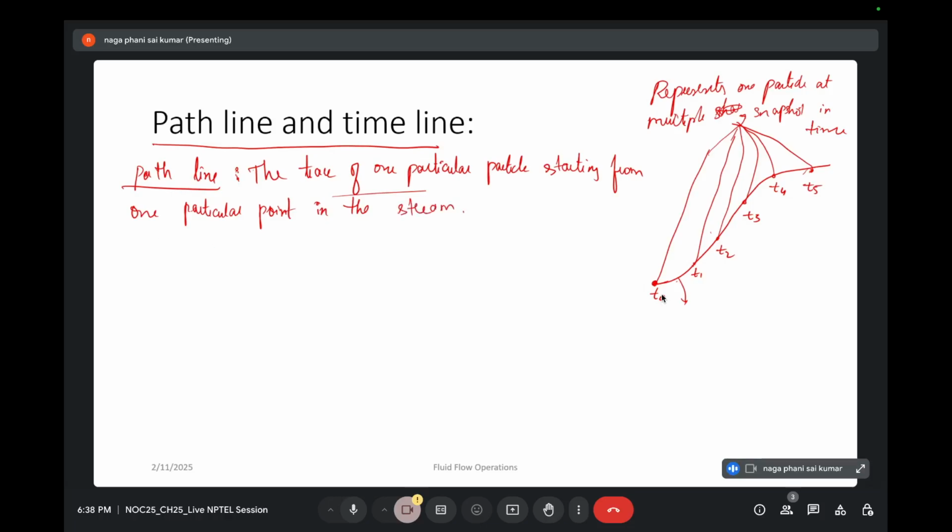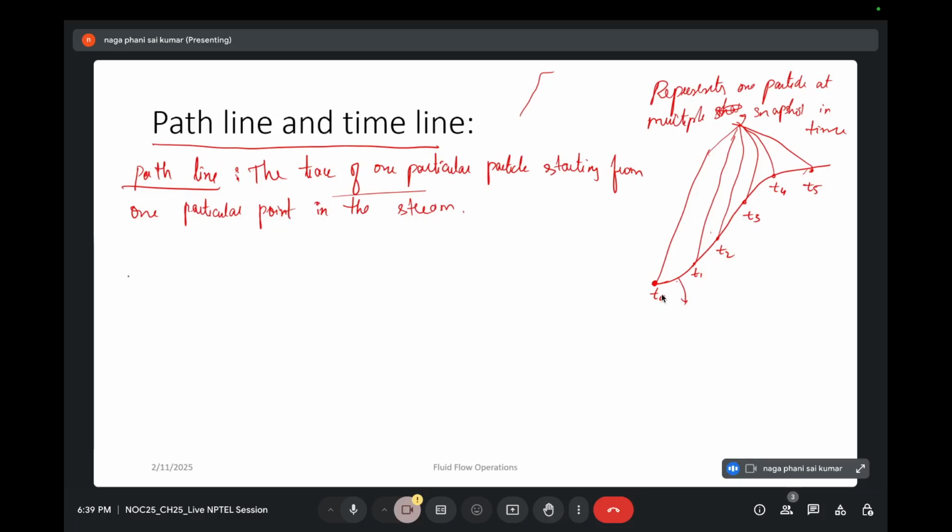We can do this by recording a video, or let's say if you are releasing a balloon into the air and recording the movement of the balloon after releasing it, it will be following some certain path, right? That is nothing but the path line of that balloon in a fluid called air. That's how you record path lines.